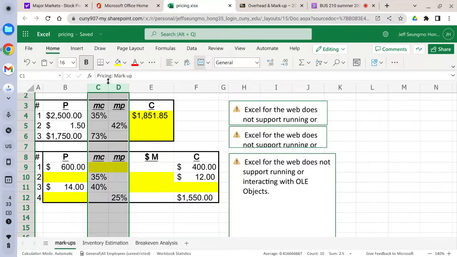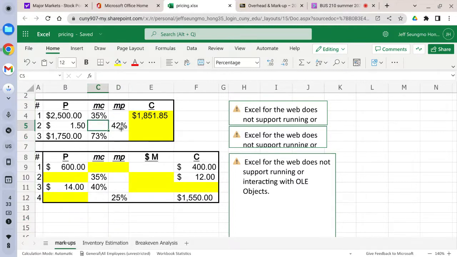It's verbiage, and from the verbiage, you should be able to distinguish markup rate based on cost from markup rate based on selling price, and then correctly put them in their right place, right?